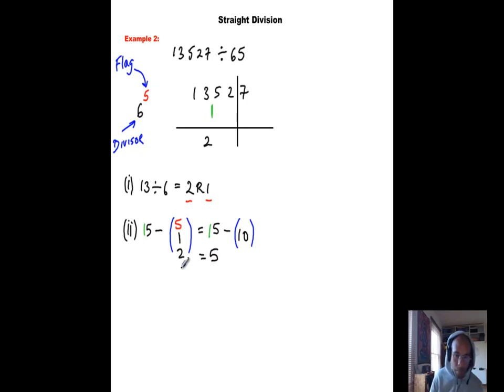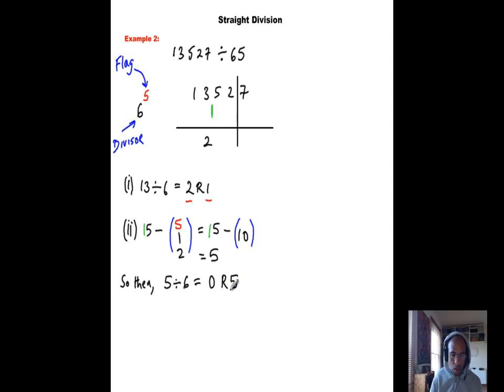We haven't finished yet. We then, comma, 5 divided by divisor, 6, is equal to, well, 5 won't go into 6, will it? No. 0 for no. 0 and the remainder 5. So it's not allowing you to divide into him.